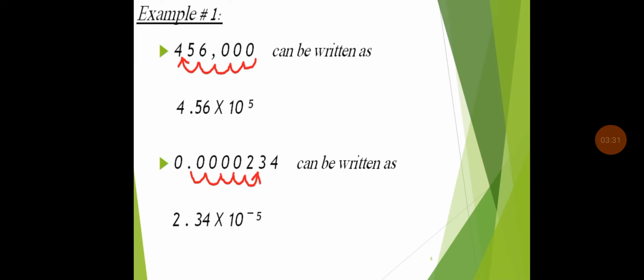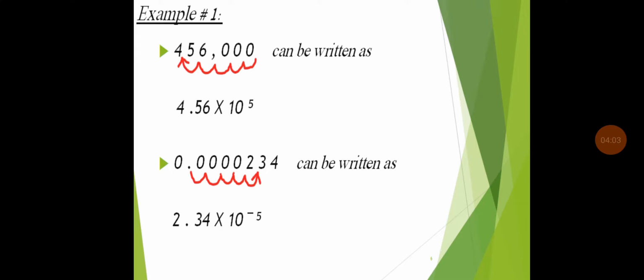For example, number 1, we have the value 456,000. If we convert this value into its standard form, it can be written as 4.56 into 10 raised to power 5. How is this possible? When we have a larger value, suppose that there is a decimal at the end of every greater number.